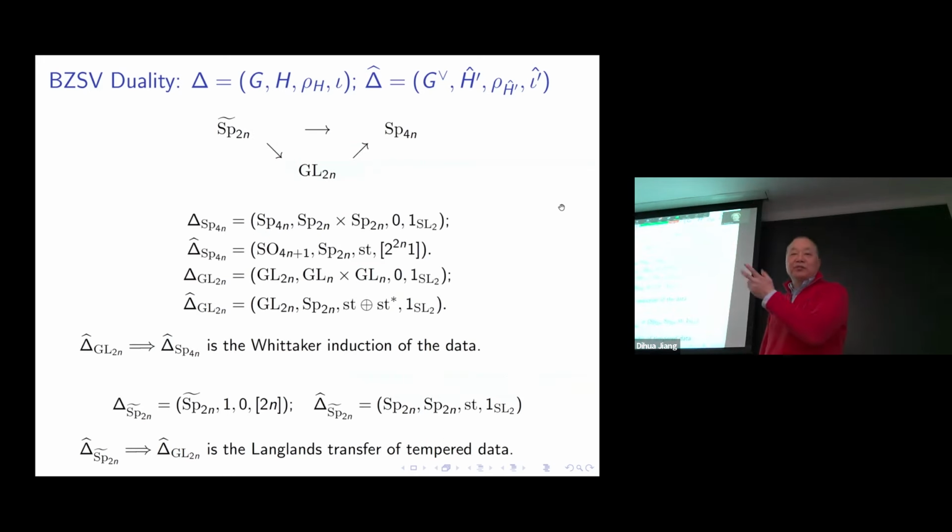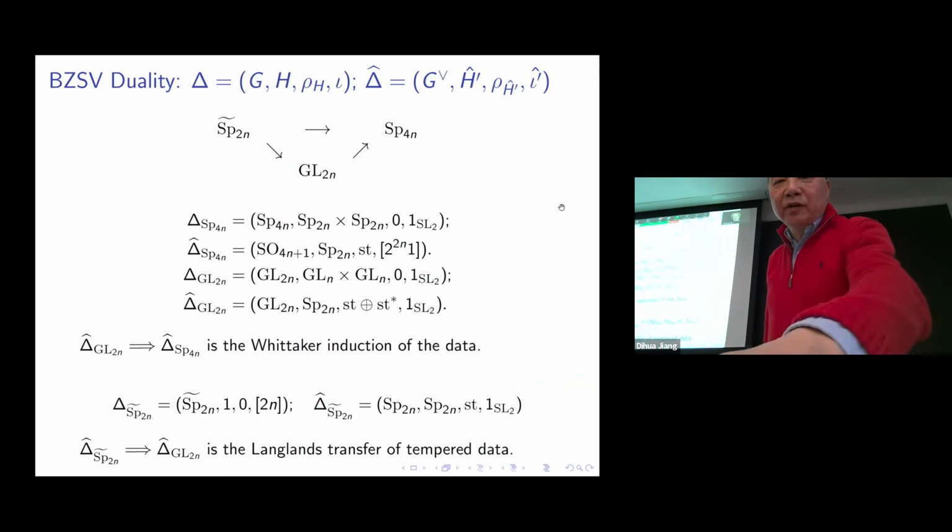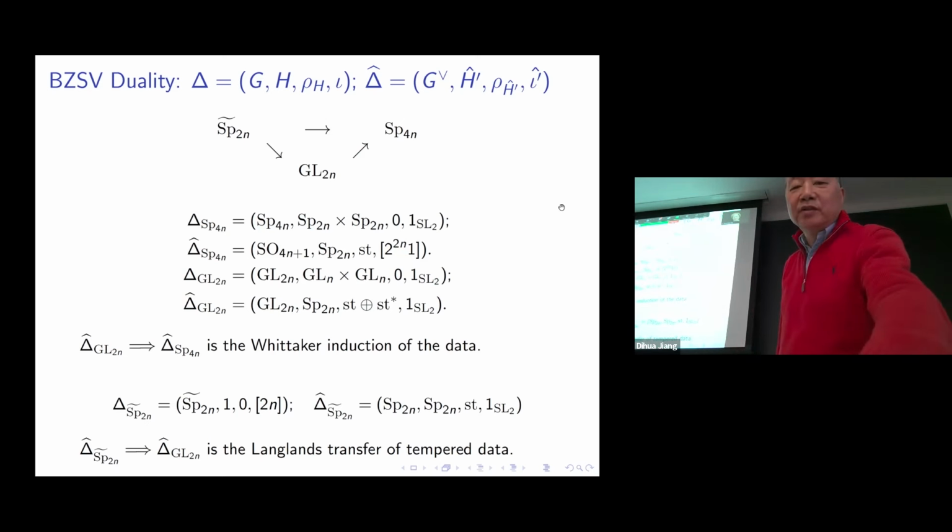And the other side will be symplectic situation. And so the period of SP will be SP2n times SP2n, right? So that's like a symplectic linear period. And the dual will be transfer, right? So the transfer is like that. And then GL linear period, right?